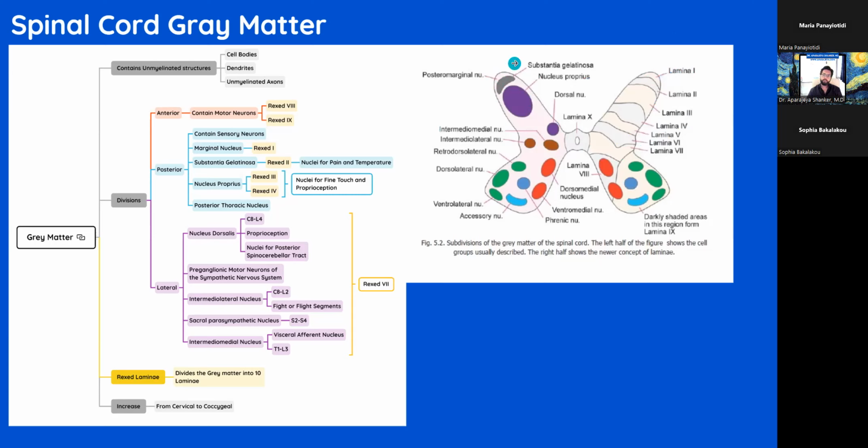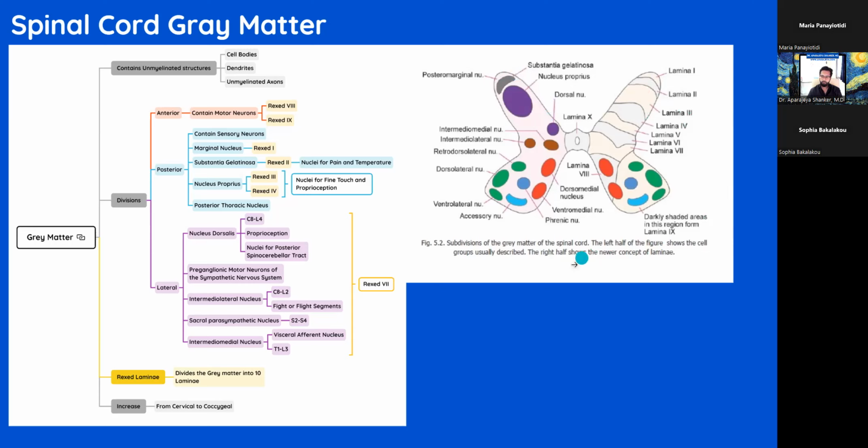Sometimes the substantia gelatinosa can be affected in a lot of different conditions, like rheumatoid conditions, spinal cord conditions, trauma, cancer, and the person loses the ability for contralateral sensation of pain and temperature together.